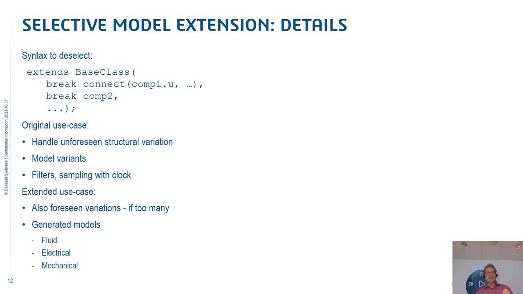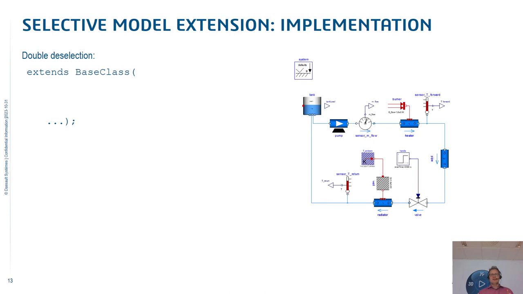And now for the implementation, there are some important things. The first is double deselection. So now you take this simple example again, and you think that you remove this connection here, and then you say that I wanted to remove the component as well.